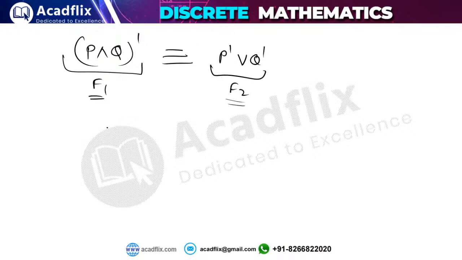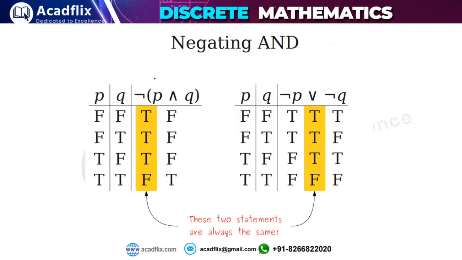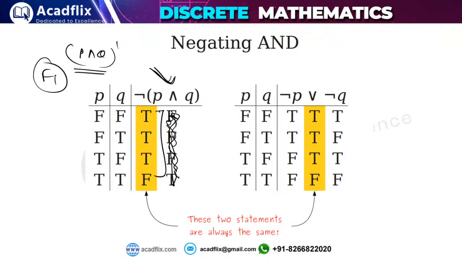Why is it so? Because if you construct the truth table, you will see that both have the same truth table. This is the negation of the conjunction, so this is not (P and Q). This is just the truth table of P and Q. Finally, for formula F1, the truth table is true, true, true, false.